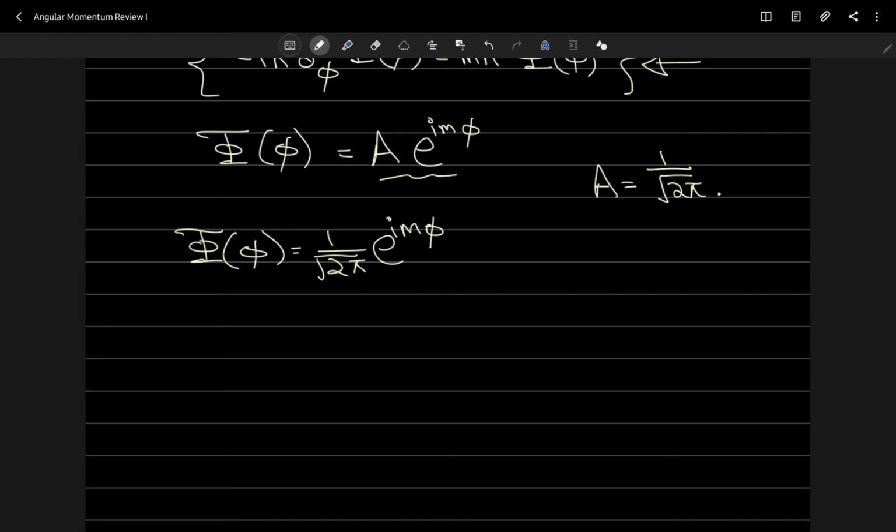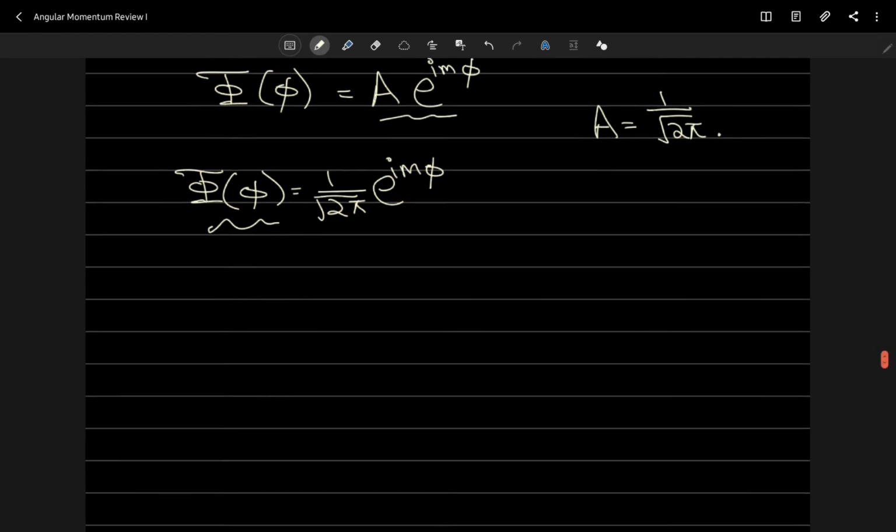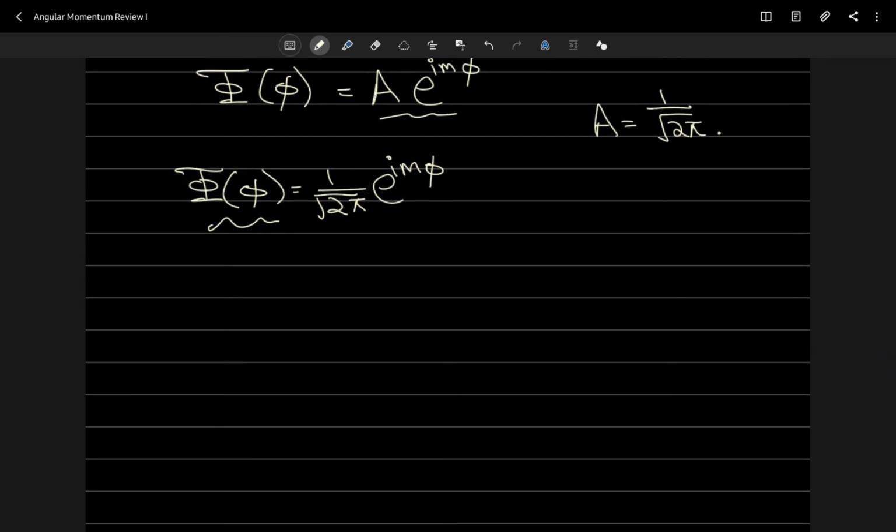Now since these functions must be single valued, we have this condition that phi m of phi at 2 pi, so the value at 2 pi, should be the same as the value of this function at 0 degrees or radians, right?